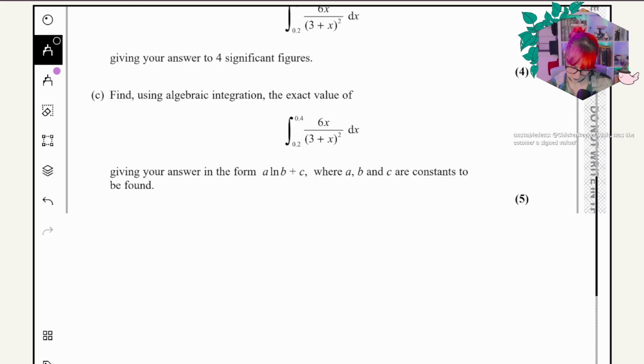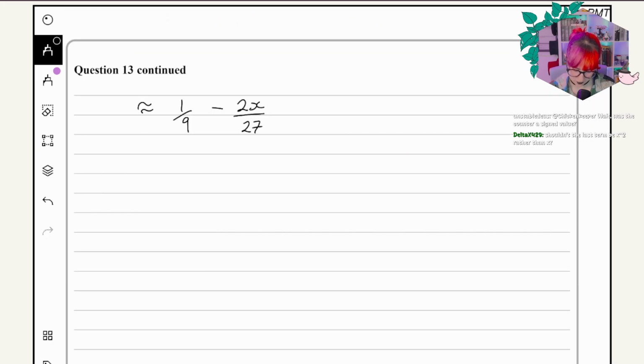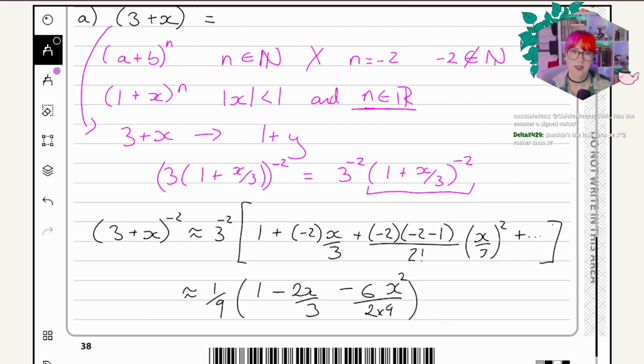So approximately equals 1/9 minus 2x over 9 times 9. No, 9 times 3, 27. And then 6 over 2 times 9 times 9 is again 1/27. Okay, we got lots of x squared over 27. Shouldn't the last term, did I not write x squared? Yes. Great catch. Plus some other stuff.